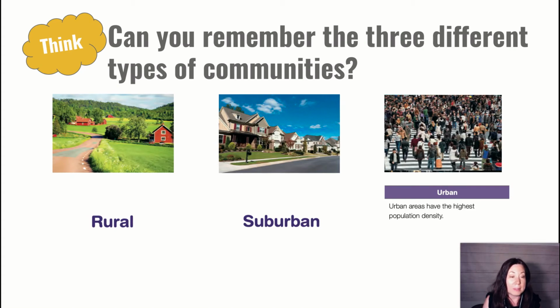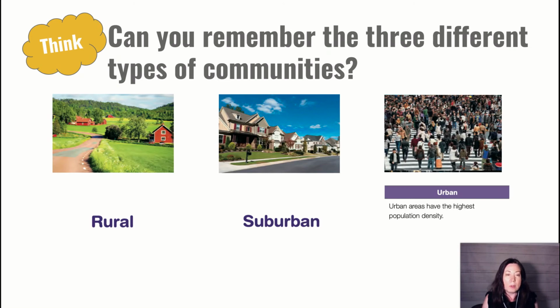Well, that makes sense because I'm thinking about what I remember. The buildings were really close together, right? Remember when we learned about when people started immigrating to New York City, how crowded it was. So that makes sense. Urban areas have the highest population density.